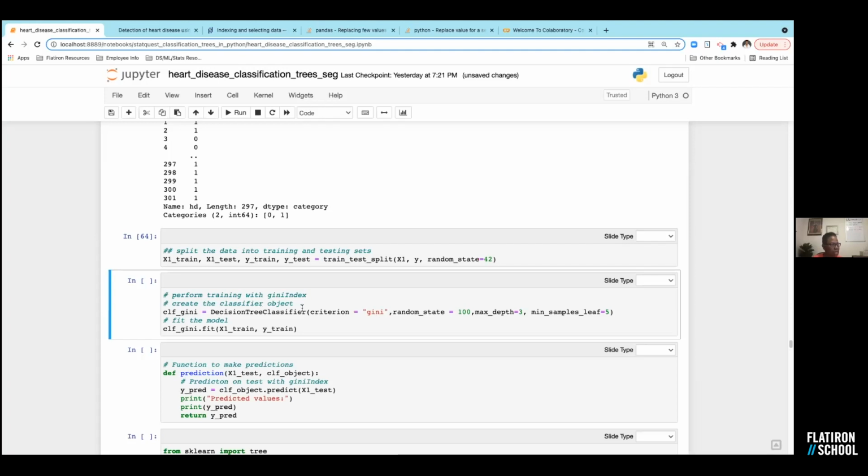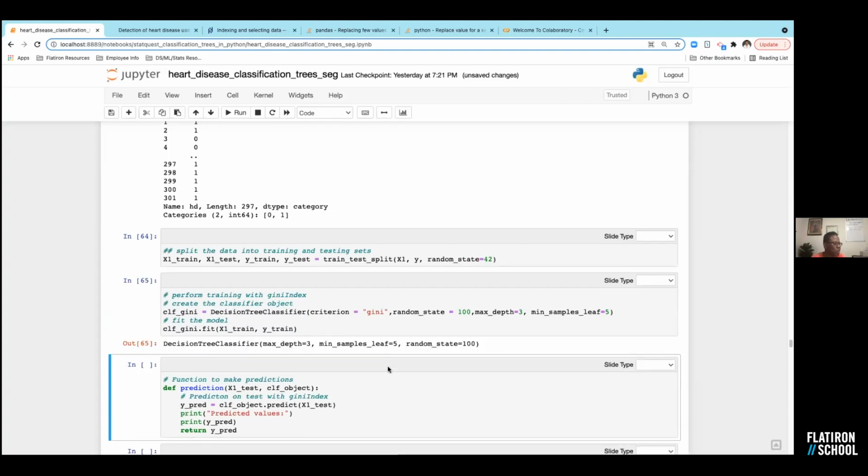You create an instance of this classifier, CLF Genie, and then you use that Genie to fit the model based on your data. So you want this classification tree to build a model that uses the data in your data set to make predictions about the outcome of heart disease, right?